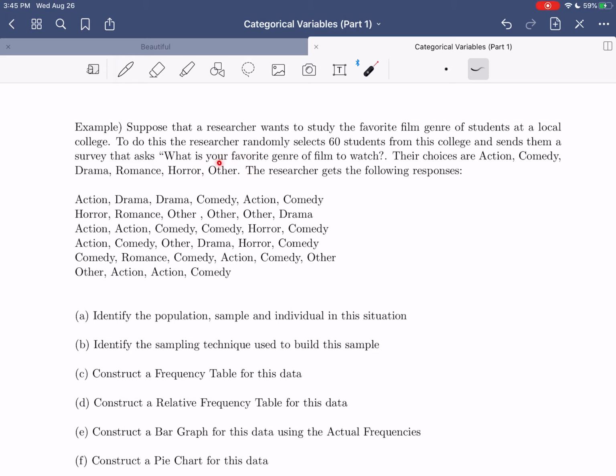Now, of course, if we didn't include that, and we just said you had to pick between these, well, that's also dangerous, because then people who might not like any of those genres have to force themselves either to not respond or pick a genre that isn't really their favorite. You might say then, wouldn't it be better to just list a bunch of things like action, comedy, drama, romance, horror, documentary, musical, animated, children's, and so on and so forth, reality, war movies, biopics, mysteries, and just list out as many genres as you can think of.